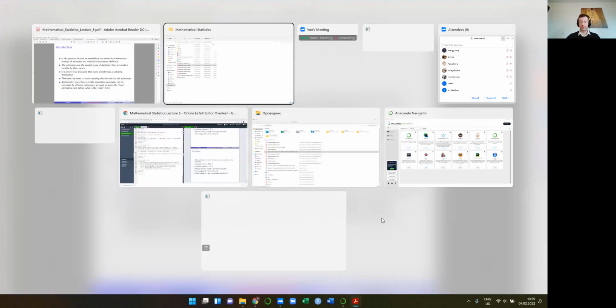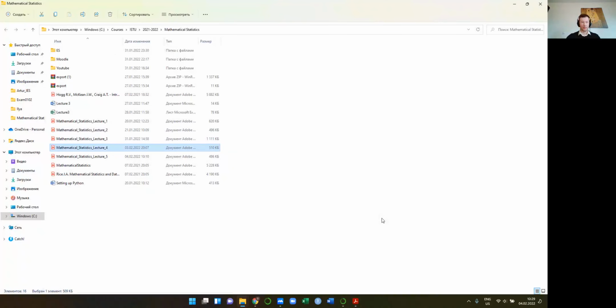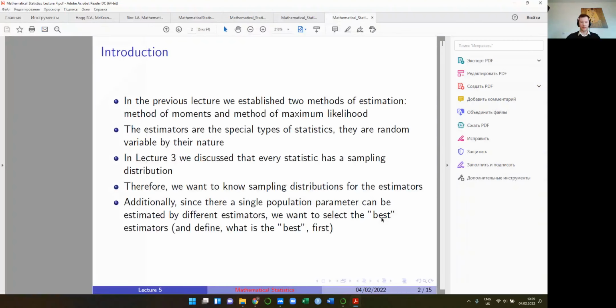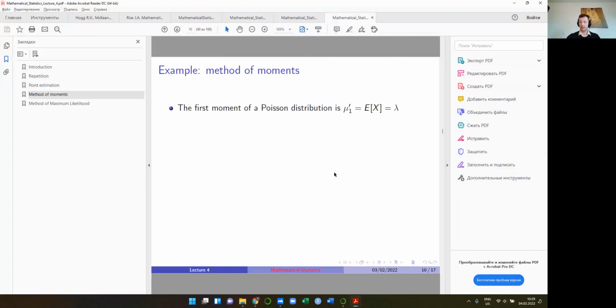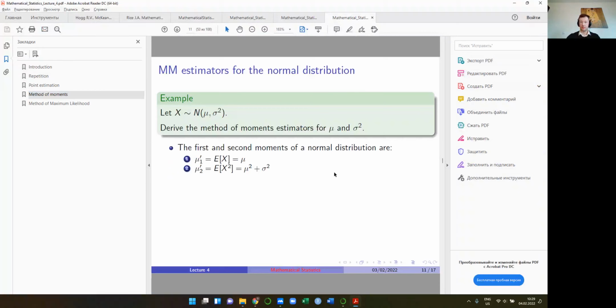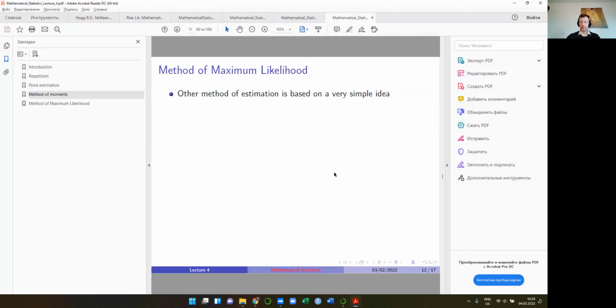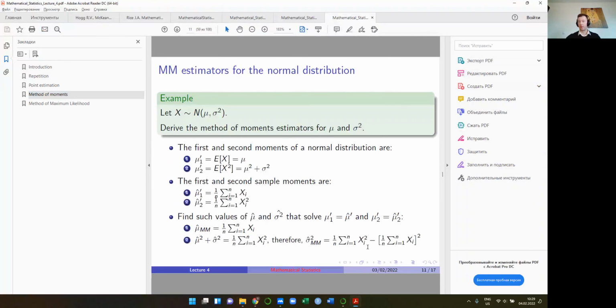For example, yesterday we came to the result that the method of moments estimator for variance looks different from the sample variance that we introduced in our previous lectures.